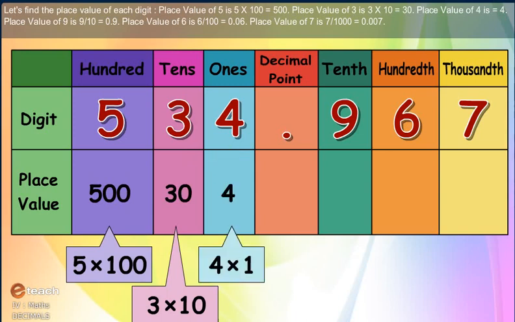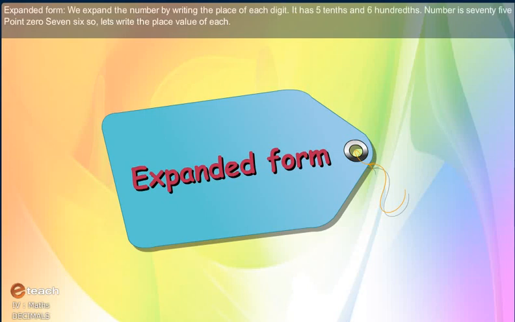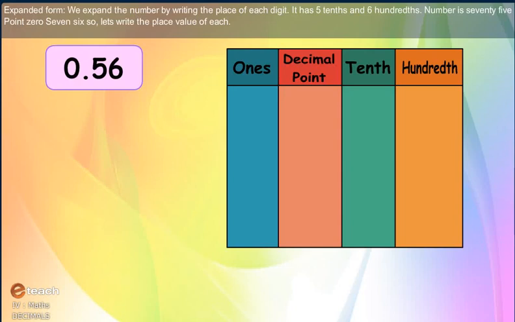Place value of 4 is 4 equals 4. Place value of 9 is 9/10. Now the expanded form: we expand the number by writing the place value of each digit.